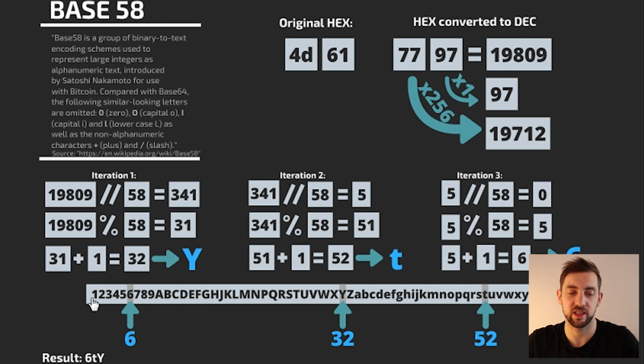So 1 is index 0. So we just take the 31st index, and that will be Y. That's just something I wanted to explain.